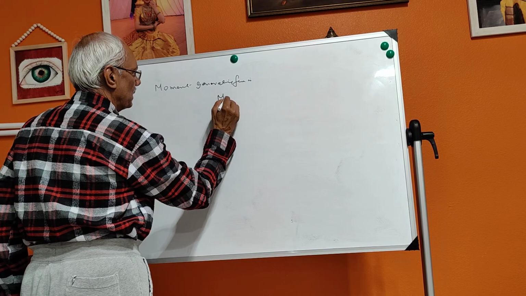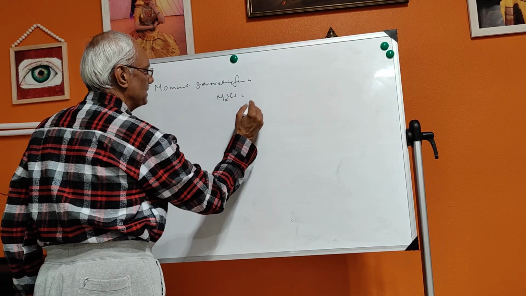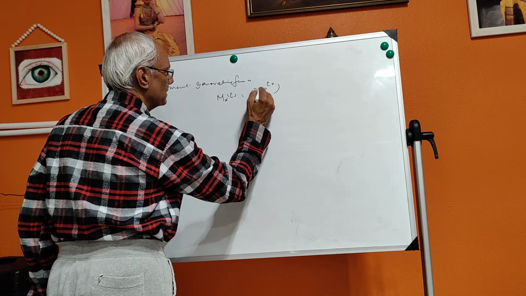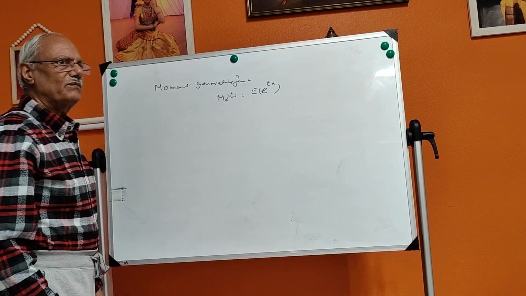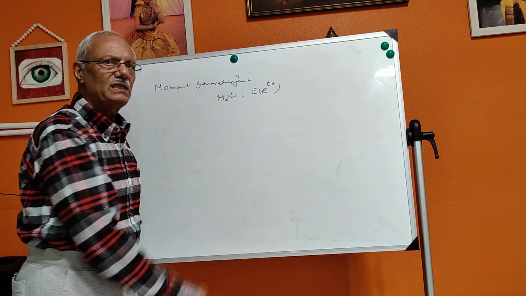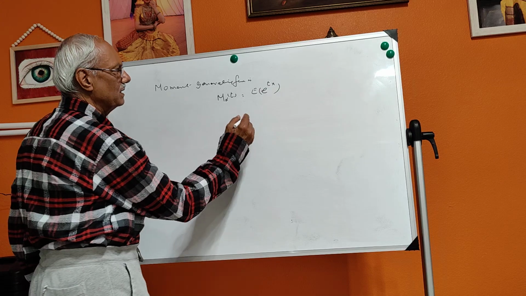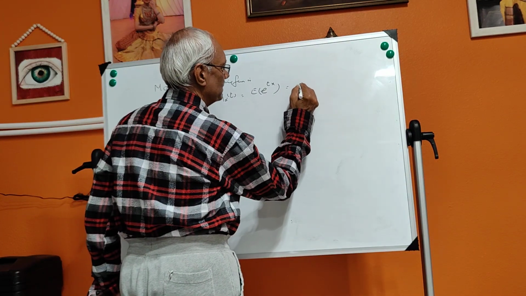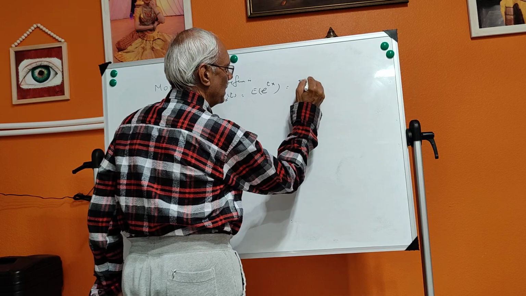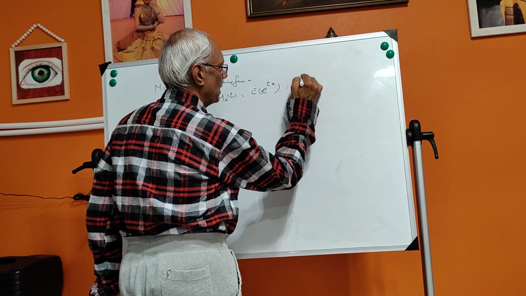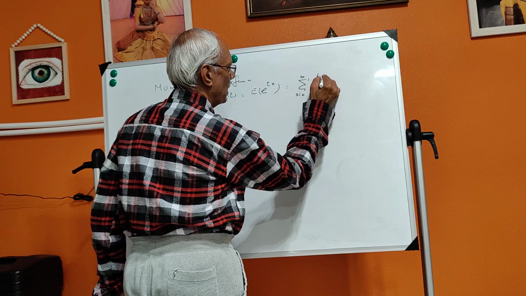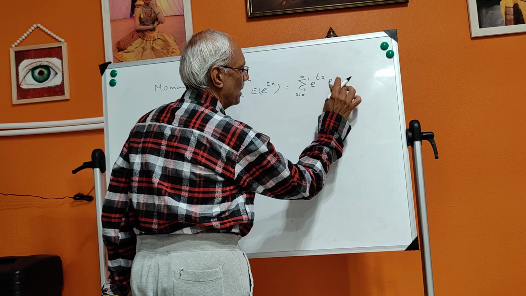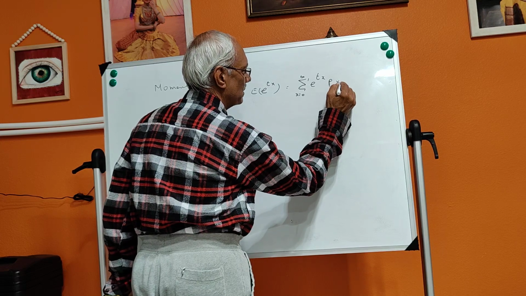A moment generating function is M_X of t equal to E of e to the power of tX, where X is a random variable and t is a parameter.